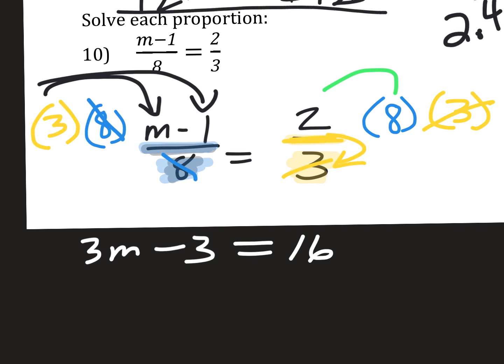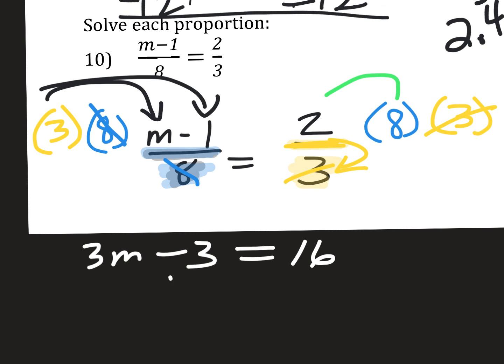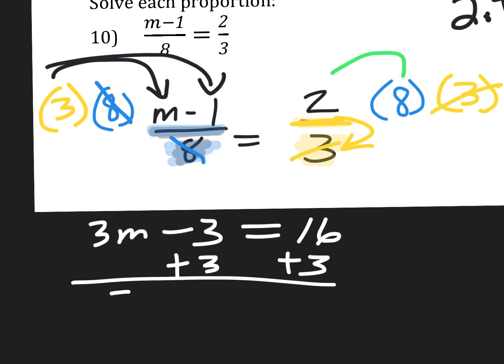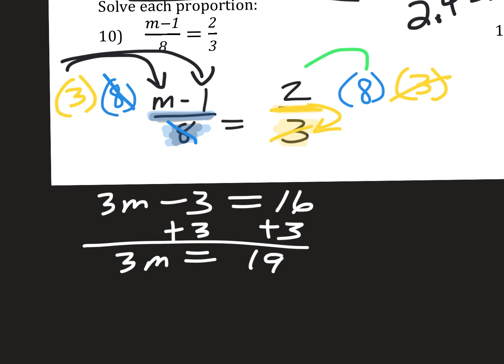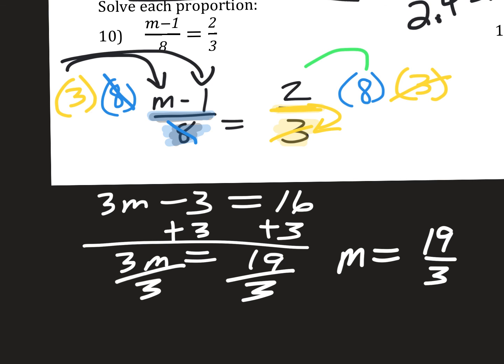So again, this is a bonus. If this didn't make sense to you, don't get stressed about it, okay? So then to cancel out the minus 3, I would do a plus 3. So that leaves me with 3m is equal to 19. Then I'll divide both sides by 3. So I've got m is equal to 19 over 3 for the first one.